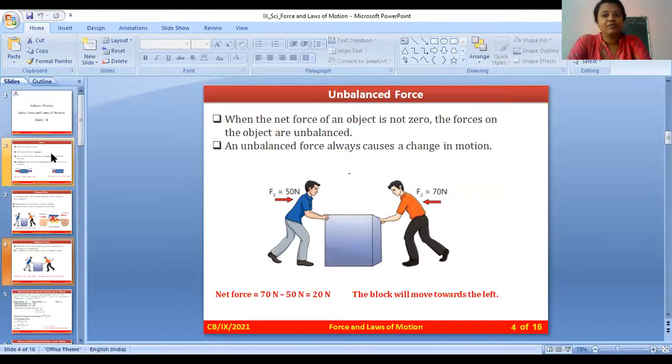Yes, it will move towards the right since 70 Newton is more than 50 Newton. So when the net force on an object is not zero, the forces on the object are unbalanced. An unbalanced force always causes a change in motion. So in this way we have seen what are balanced and unbalanced forces.